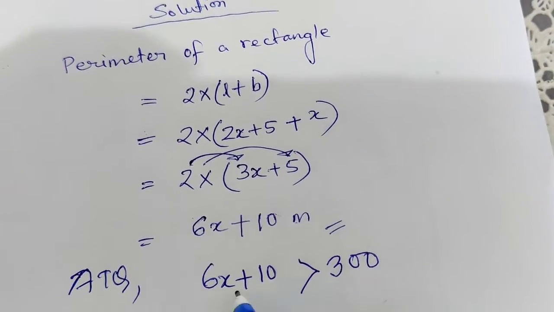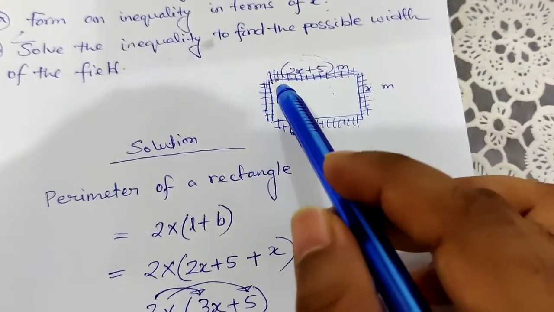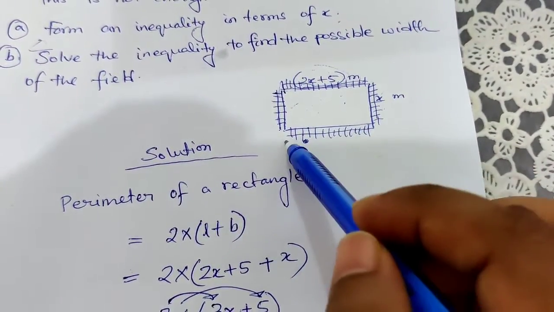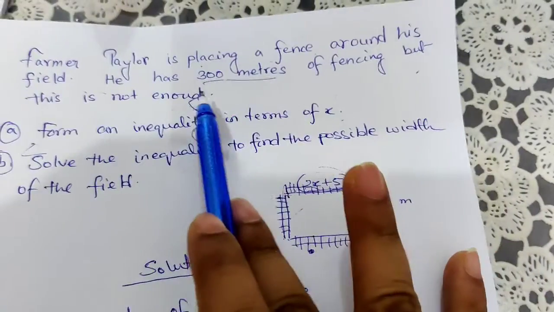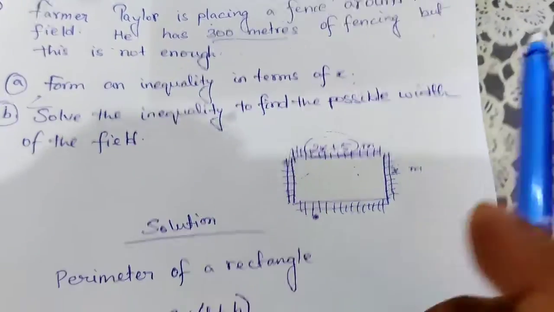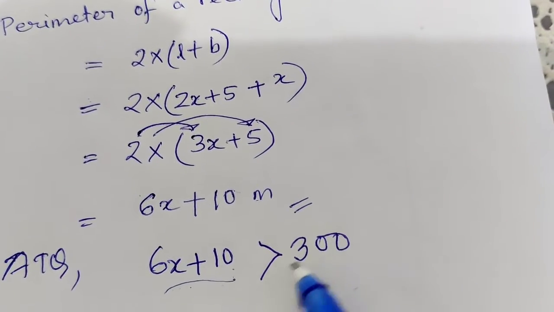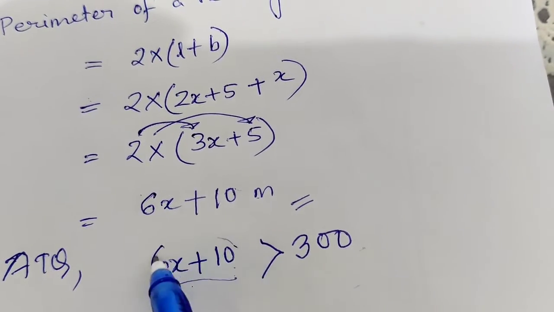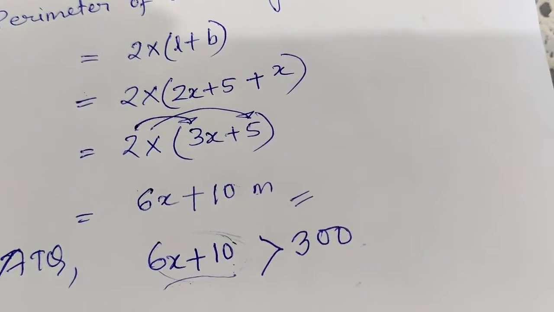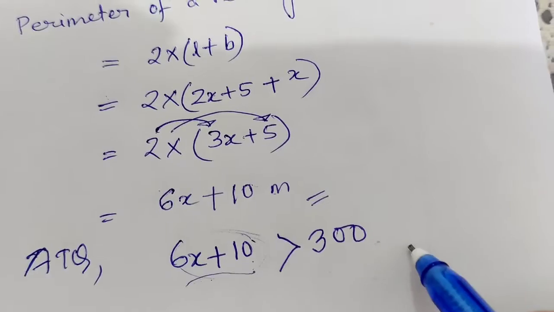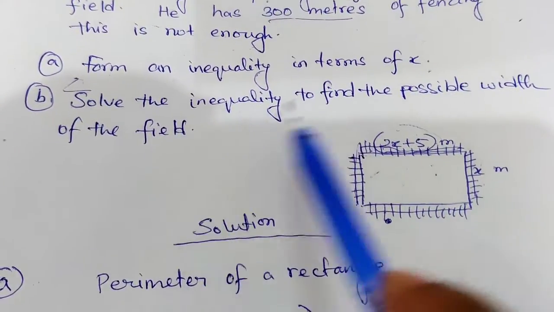Because 300 meters is not enough, more is required. So this is my answer for part A, form an inequality in terms of x.